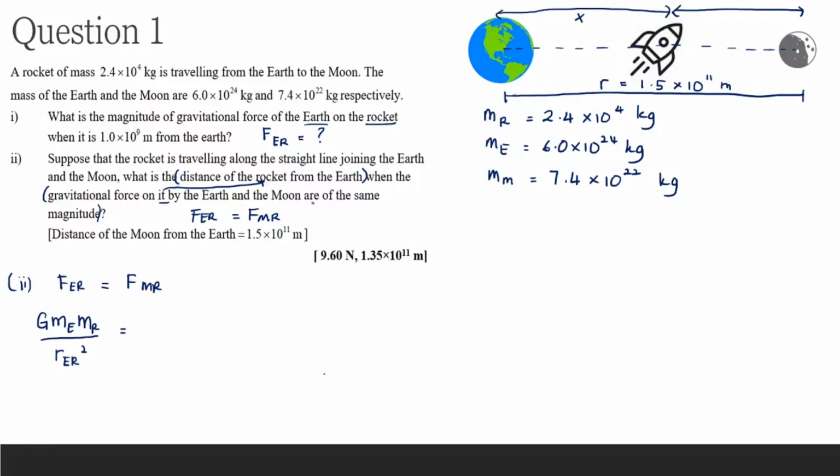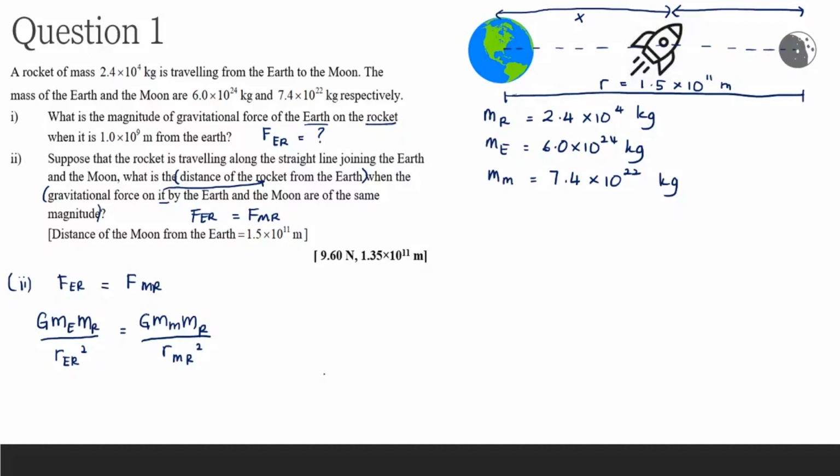Sebab dia kata they are of the same magnitude, they have the same values. Okay. Then on the right hand side we have G MM MR divided by RMR squared.